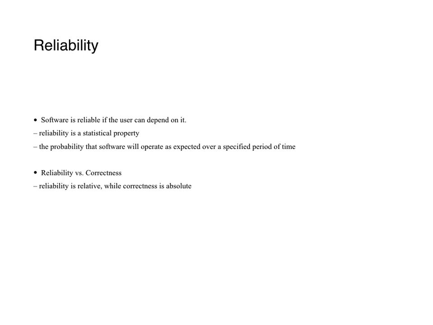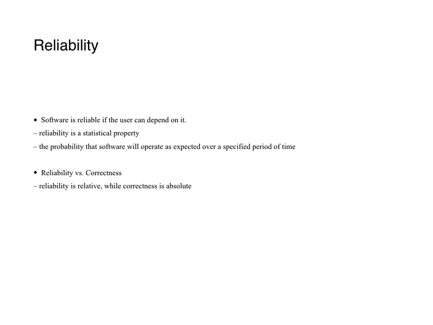Now if we talk about reliability versus correctness, reliability is relative while correctness is absolute. So now you already have the idea why. Let me clarify. A program may be more or less reliable depending on how it is used.